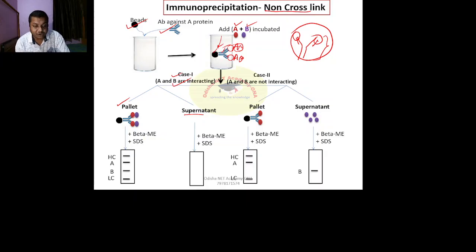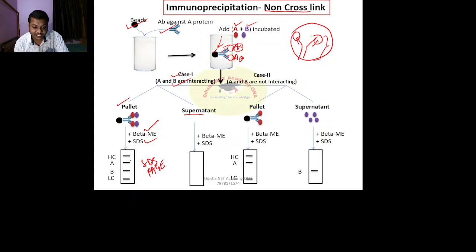Now I have no idea which protein got attached. To know that, you have to separate all the proteins from each other. There is no need for interaction now, because the interacting proteins have already come to the pellet. With the help of beta mercaptoethanol and SDS, we separate these proteins and run them through SDS-PAGE.